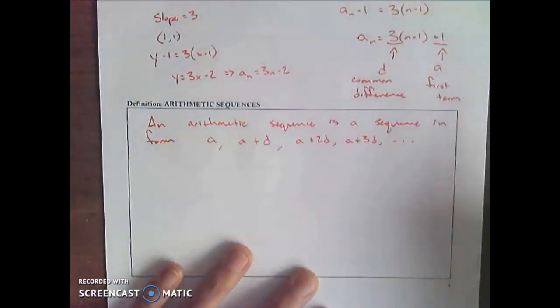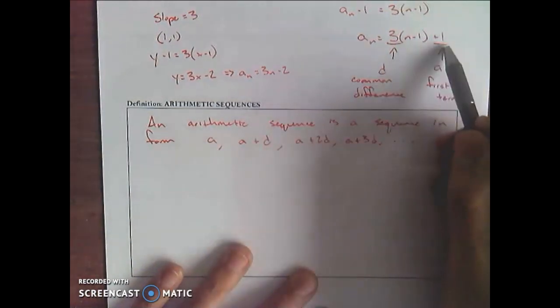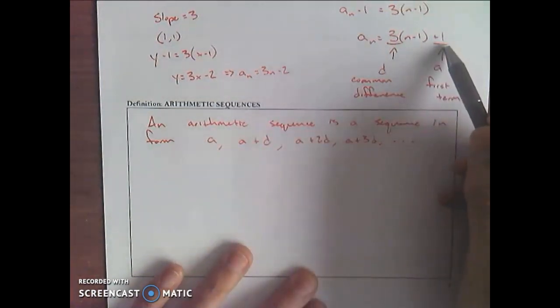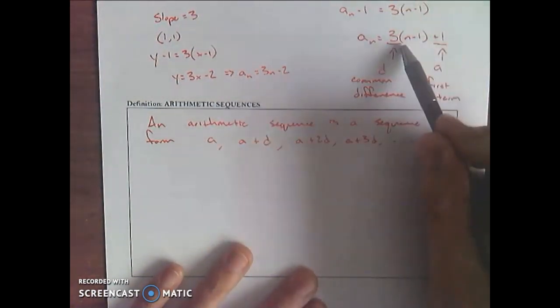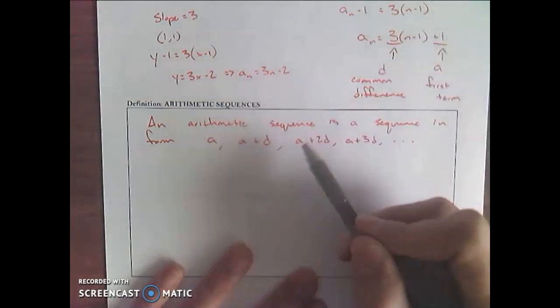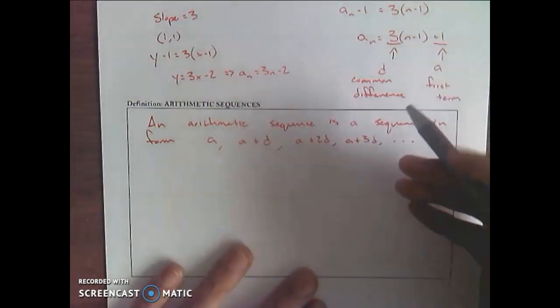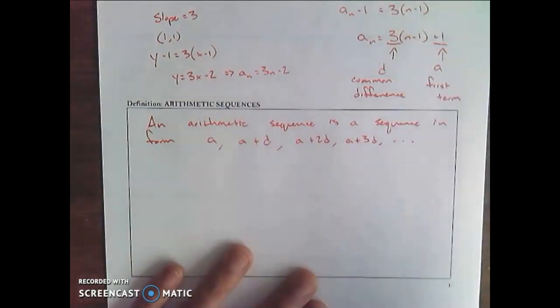If you notice in our first example, our first term was 1, and then each term we added 3. So we add 3 once, we get 4, add 3 twice, we get 7, add 3 three times, we have 10, and so on.